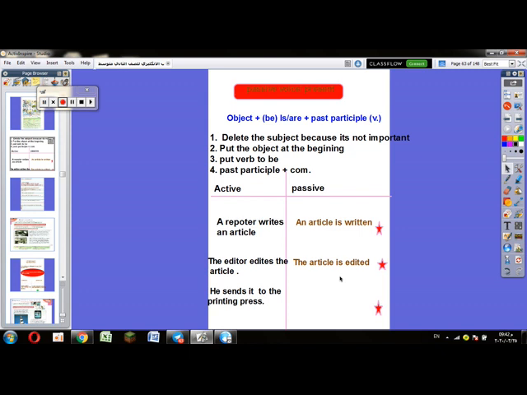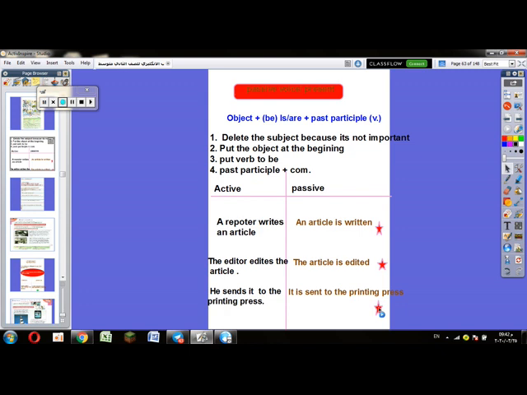Here we have another sentence. He sends it to the printing press. We need to change it to passive voice. Now you need to answer this question. Now it is sent to the printing press.